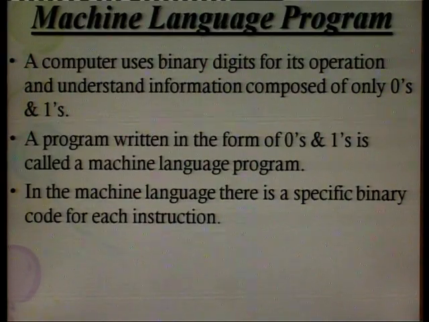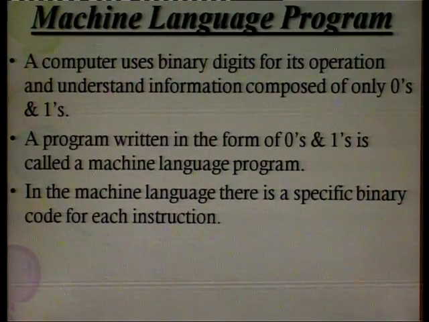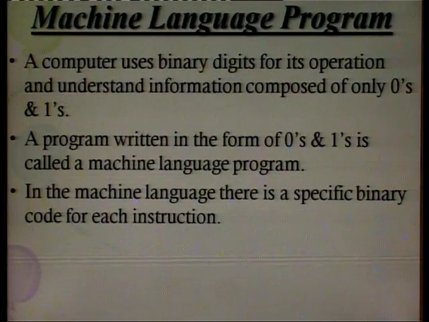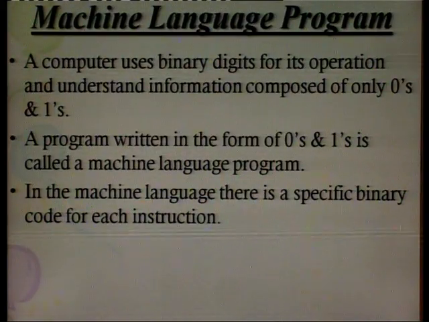That means the microprocessor cannot understand English-like words, but it can only understand binary digits, that is a voltage level high or a voltage level low, called 0 or 1. A program written in the form of zeros and ones is called a machine language program. So, any program which we write after the assembly is called the machine language program.